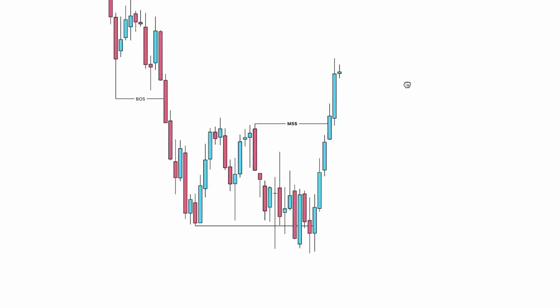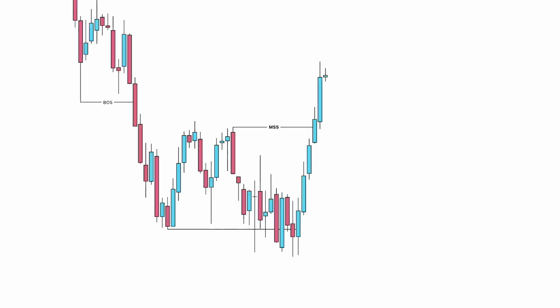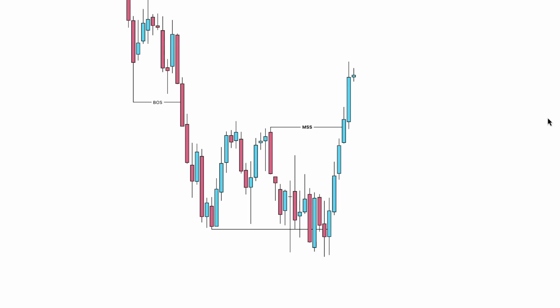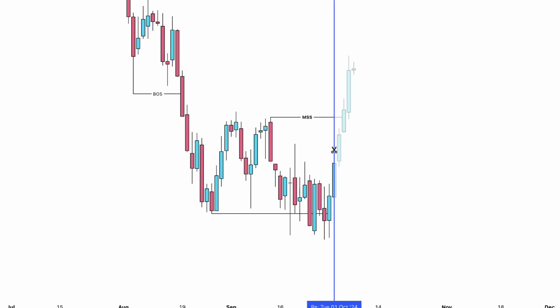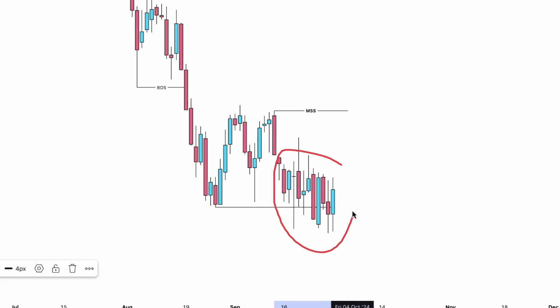Now you have to establish what your bias is on the daily time frame. Looking at this, if you can't see it with your naked eyes, it means it is not there. Imagine if price was right here.